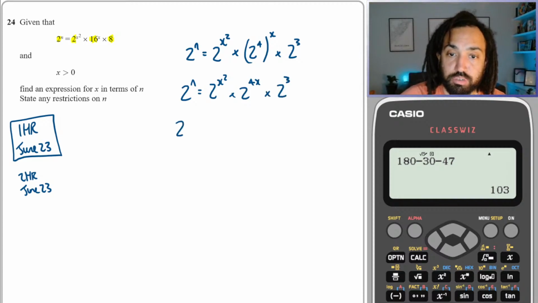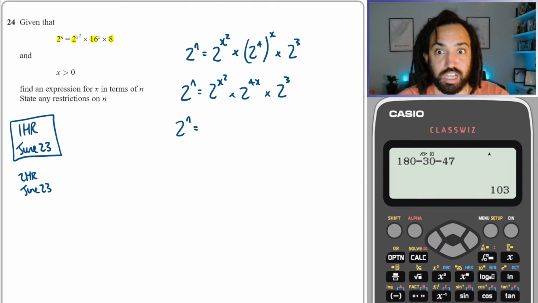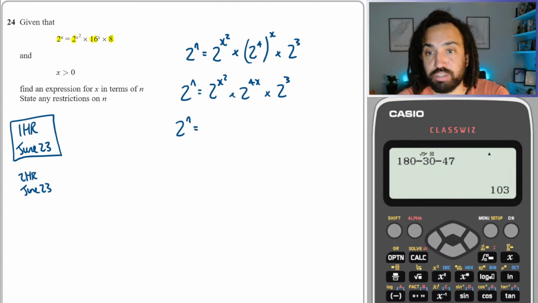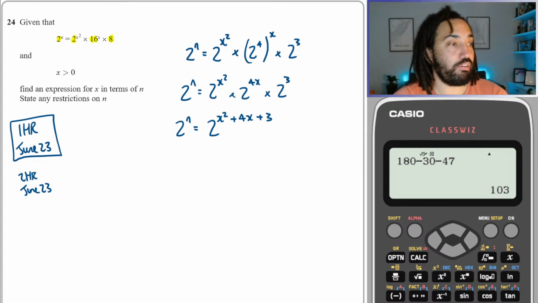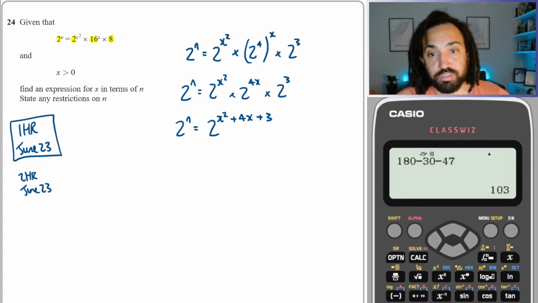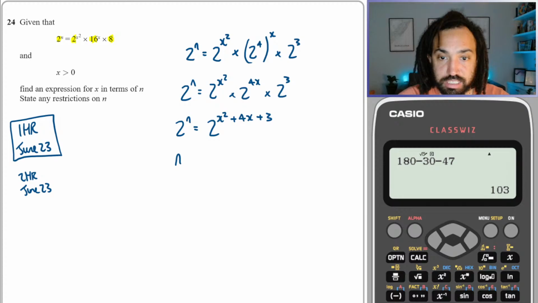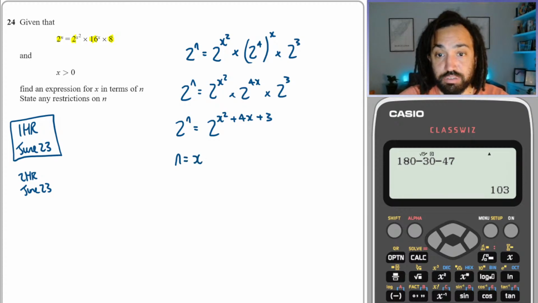Now what do we do with any base which is the same? When you multiply them, you add the powers together. So it's x squared plus 4x plus 3. And now because both sides are 2 to the power of something, then those powers must be the same. So n must equal x squared plus 4x plus 3.